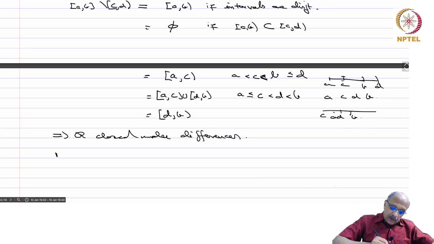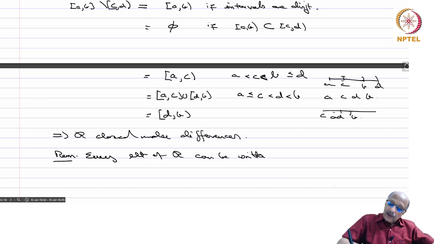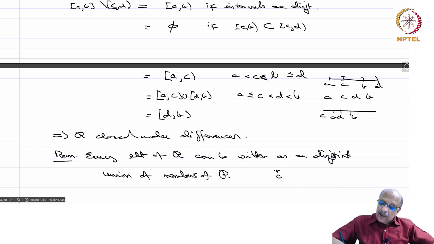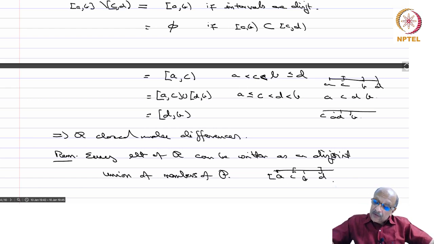Okay. Now, also remark, every element of R can be written, we know, as a disjoint union of members of P. So you would have AB, so this is A here and this is B, and then you have say C and D here, and the union of these two is nothing but AD, and therefore AD you can write as AC union CB union BD.